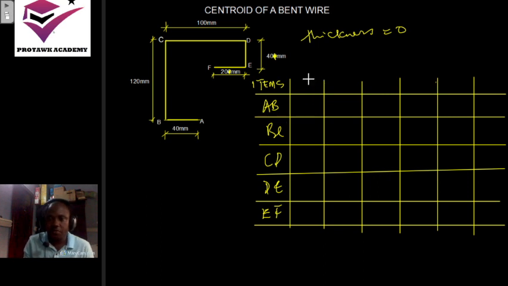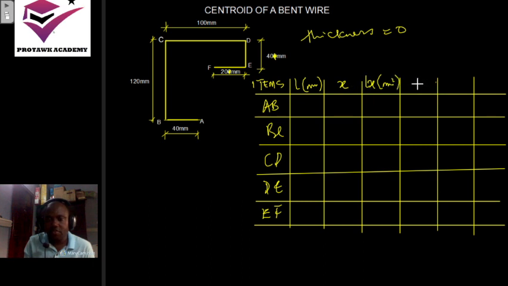Here we have L, which is the member length in millimeter. Next we have X, and LX, which will also be in millimeter square.